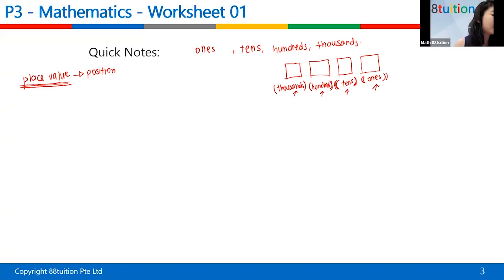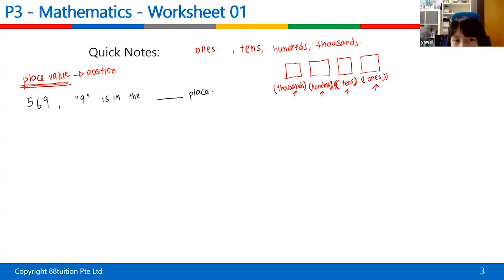Now let me test you all. Jingjie, if I were to give you this number, 569, the number 9 is in the which place? What will your answer in the blank be if you had to answer this question in school? Ones.